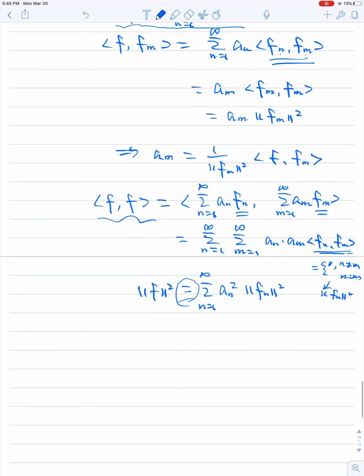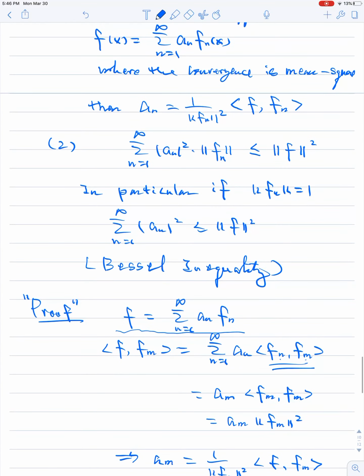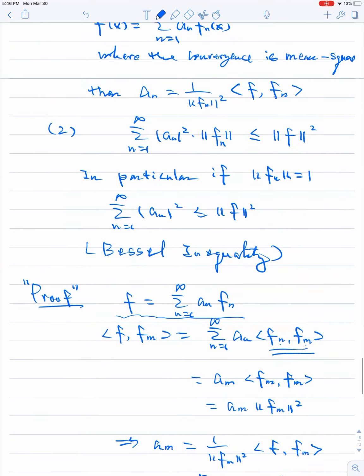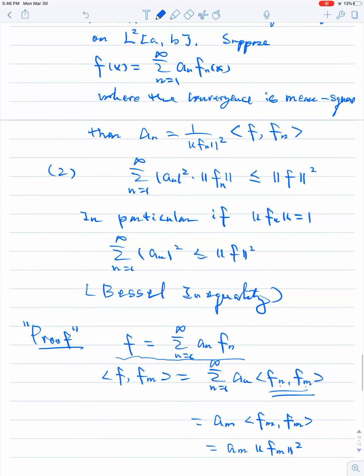So this equality, we will later say, is the Parseval equality. All right, so that is a sketch of the proof, but it's not a rigorous proof. I also need to modify that, I should have a square here.